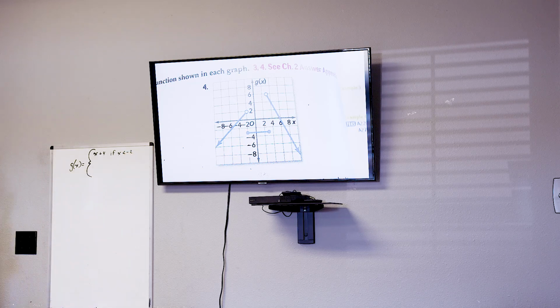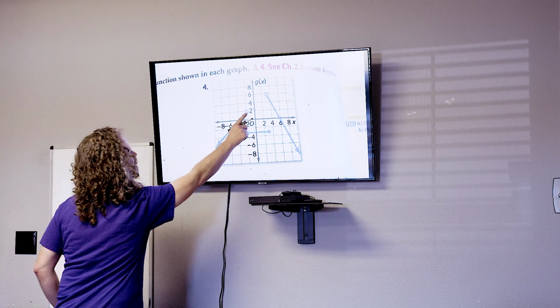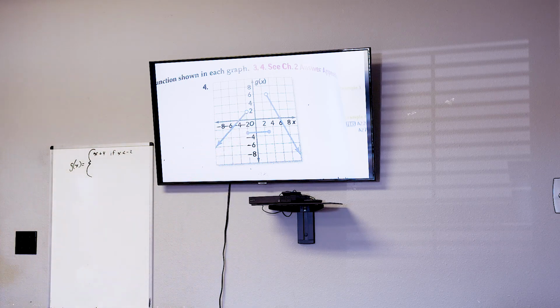Why do we know it's not less than or equal to? Because of the open circle.